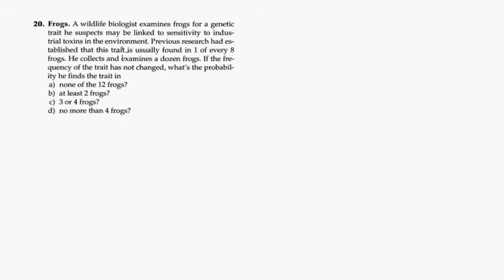So they did some research, and they believe that there's a fixed probability of frogs having this trait. It's 1 out of 8, and they're suggesting that it hasn't changed. So we're going to treat it as fixed.